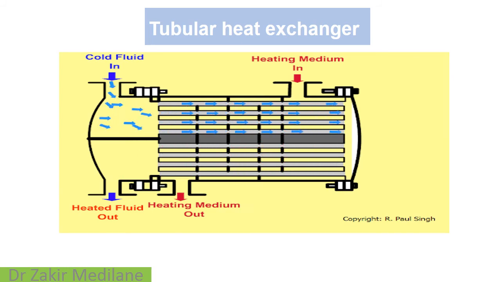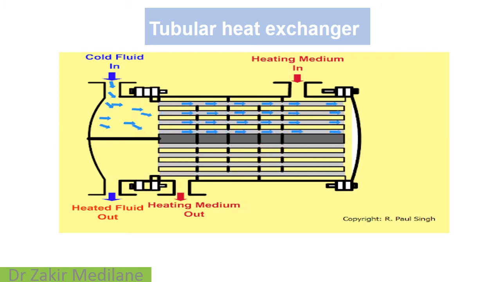After absorbing the maximum amount of heat, the sample, the cold fluid, enters from one end and passes towards the other end. At this moment the fluid absorbs the heat with the help of the tubular heat exchangers, then passes down from the other end, where the heating medium is going outside, whereas the heated fluid is coming outside.